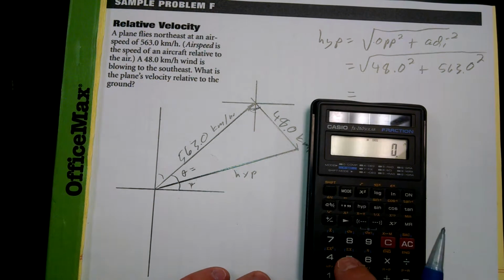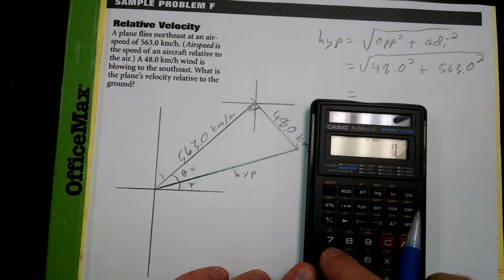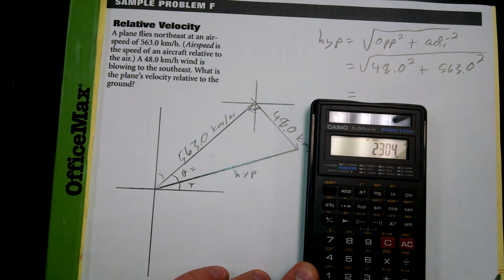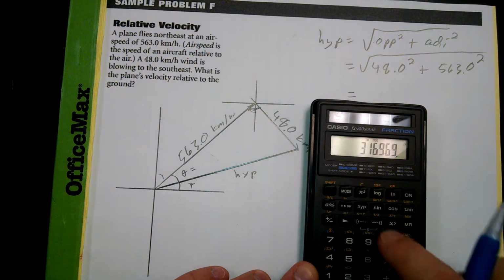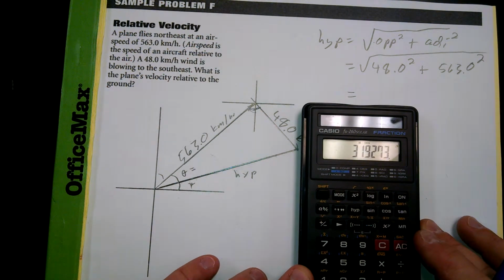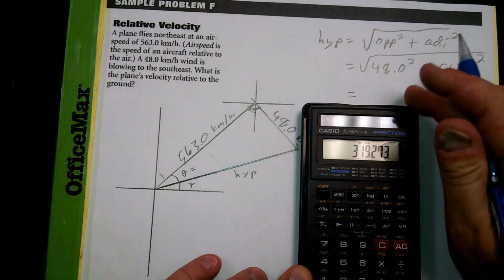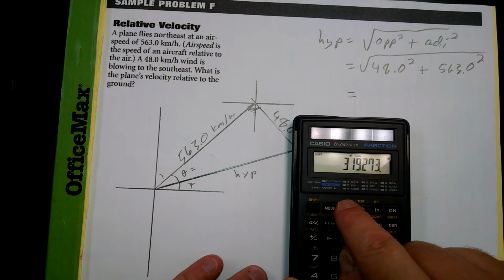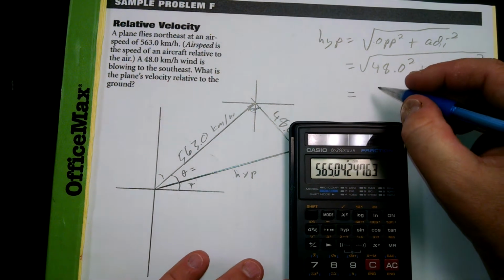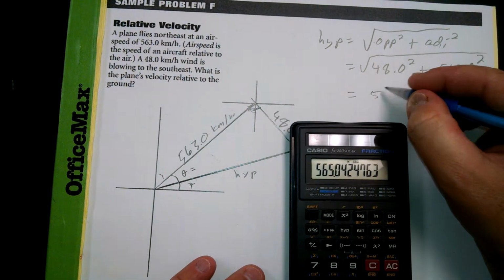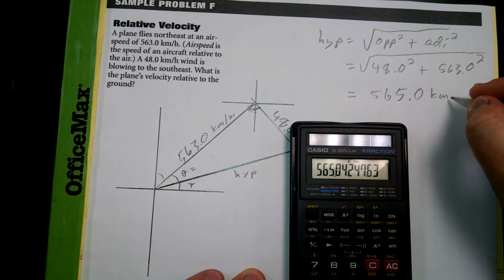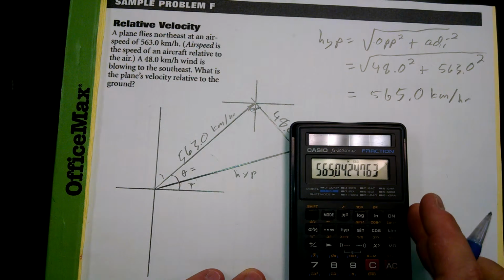Now I'm just going to plug that right into the equation. So 48.0 squared added to 563 squared, and we end up with a rather large number. You just need to remember to take the square root, and the punchline is 565.0 kilometers per hour.